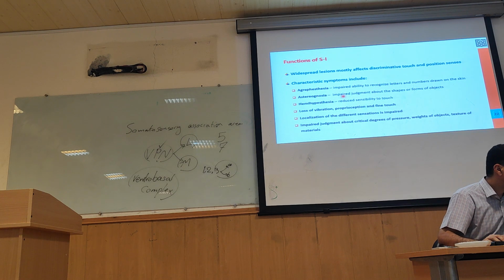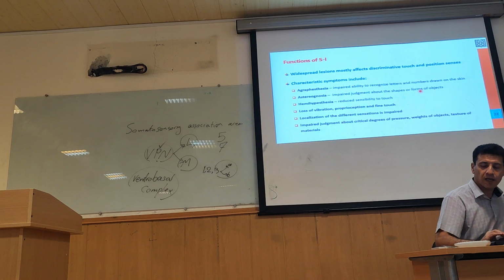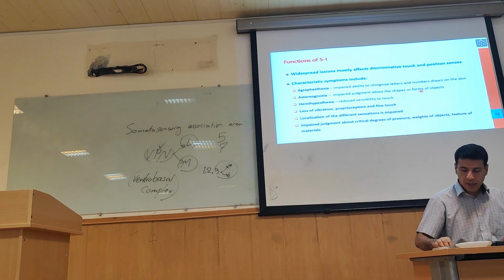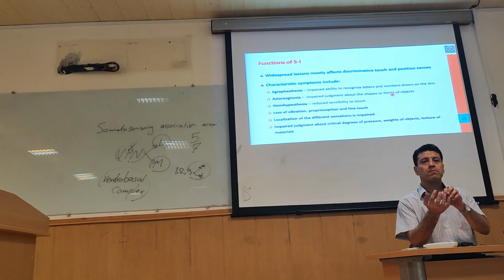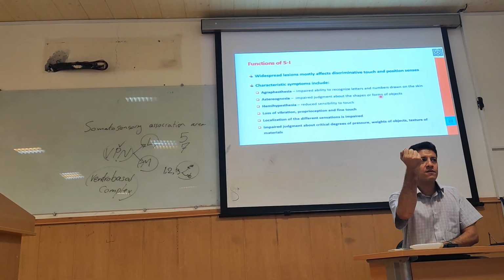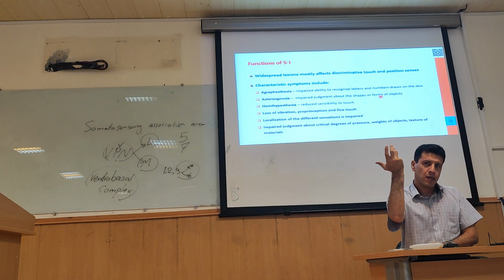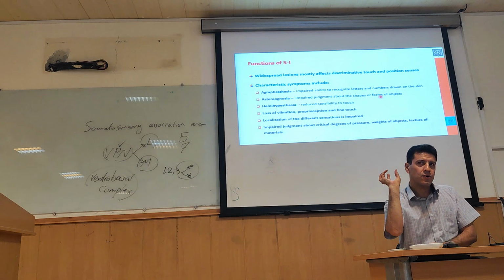Astereognosis: impaired judgment about the shape or form of objects. For example, you put a ball in the patient's hand and the patient is not able to judge the shape. The patient doesn't know that it's something spherical and doesn't know the name.